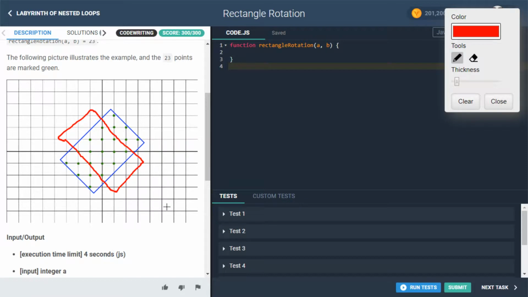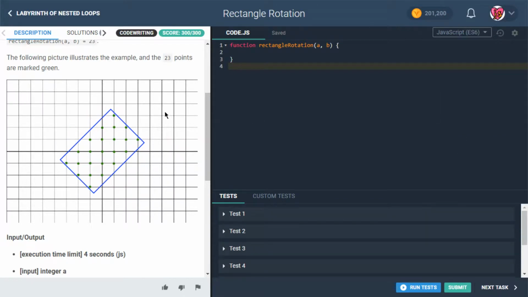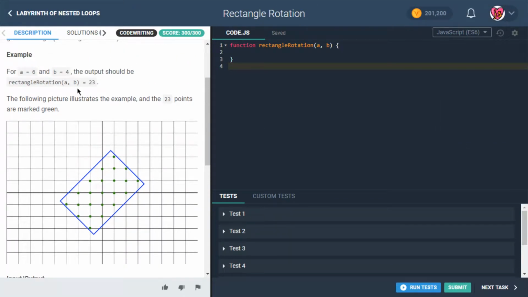Probably I'm missing some of the dots here, but the main thing is it doesn't really matter which way it's been rotated. In other words, it actually doesn't really matter which one's a and which one's b. So we can just, without loss of generality, make an arbitrary decision about that, and it should work out fine. Okay, cool. If anyone has any questions about what this question's actually asking us, let me know.